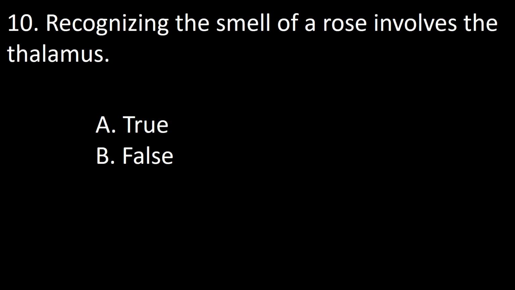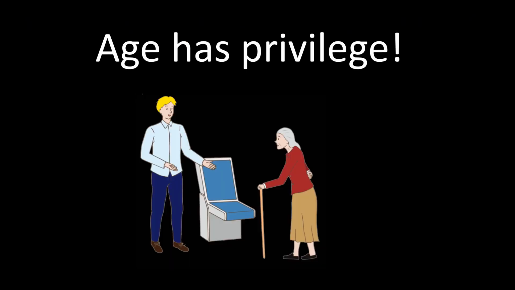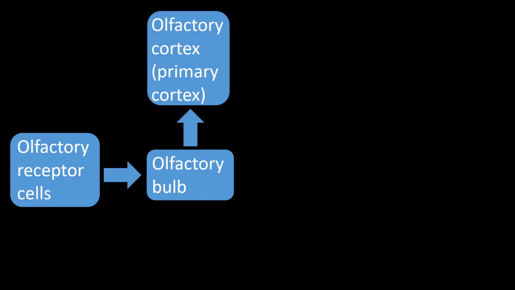The next question is, recognizing the smell of a rose involves the thalamus. A true, B false. When we talked about smell, we said that age has its privileges. And for the olfactory system, the privilege is that its receptors go through the olfactory bulb to reach the primary olfactory cortex without going through the thalamus.